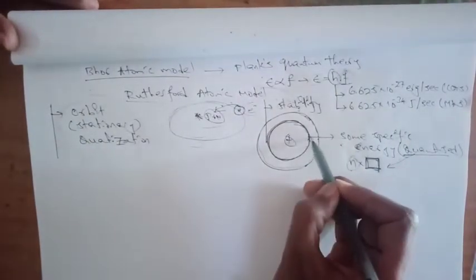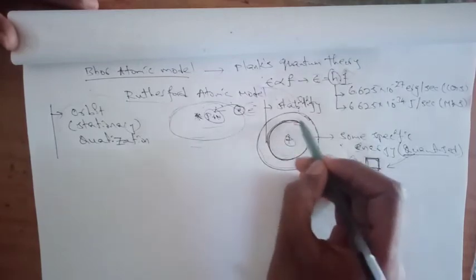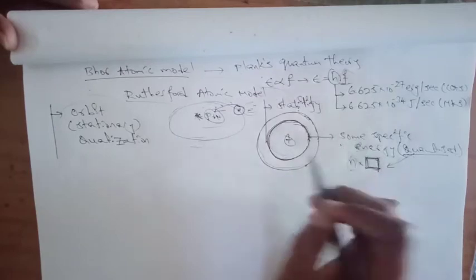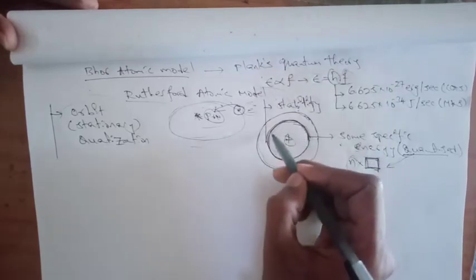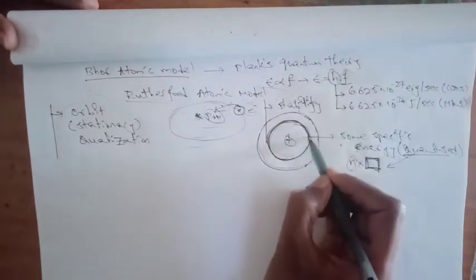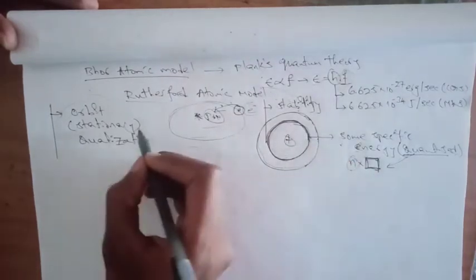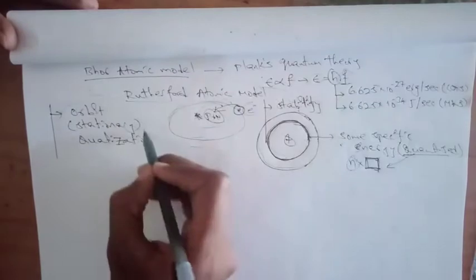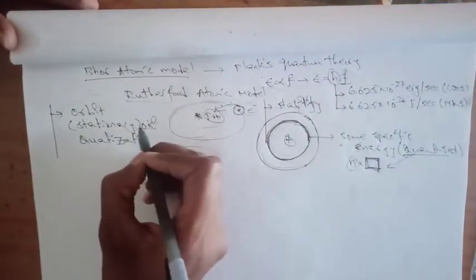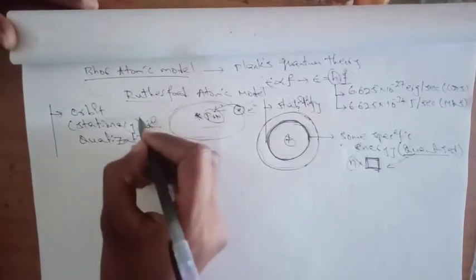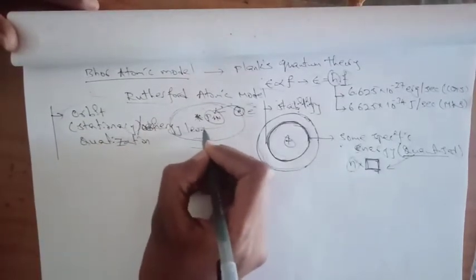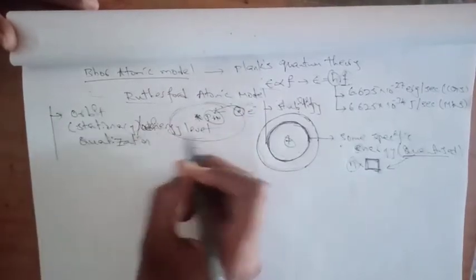As the electron is revolving in this orbit, it doesn't emit or radiate any energy as long as it is revolving in this orbit. So these are also called stationary orbits or energy levels.